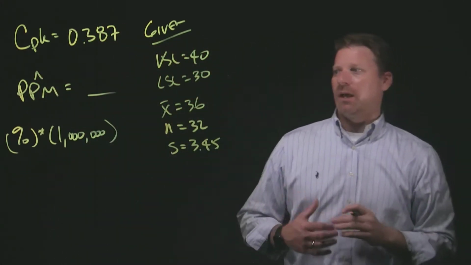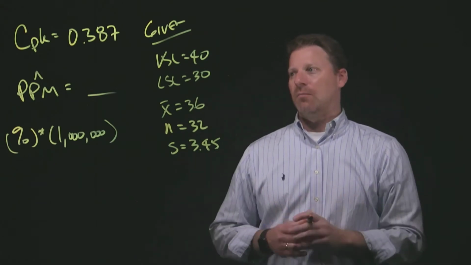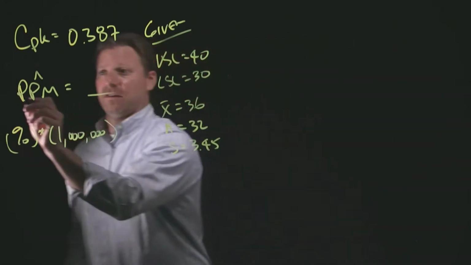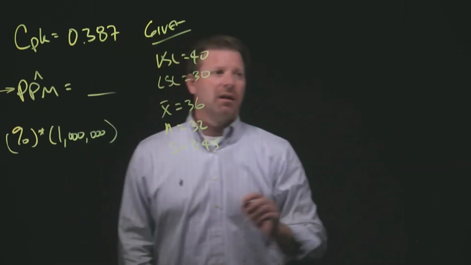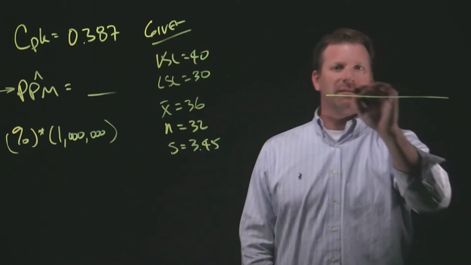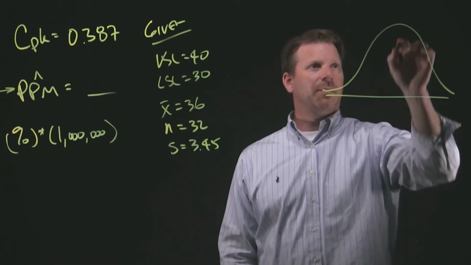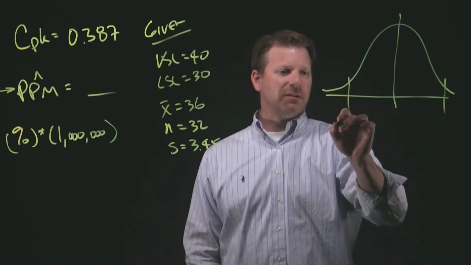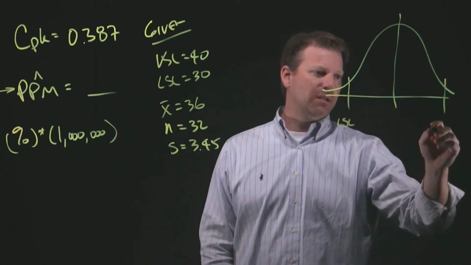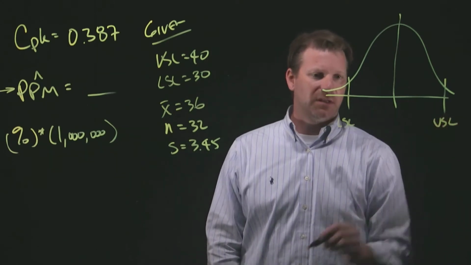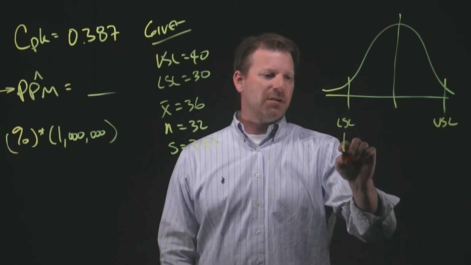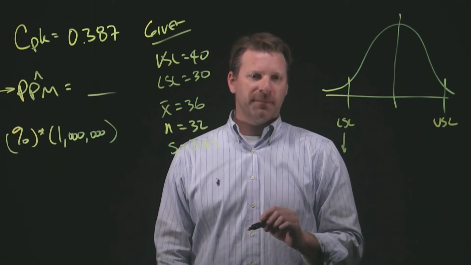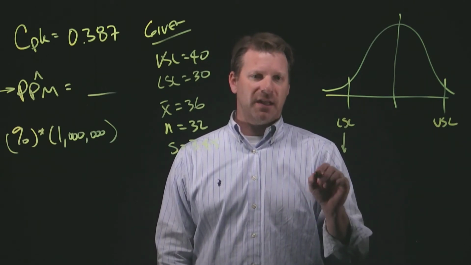If we want to look at this as an expected PPM, ultimately this is the number we're looking for. We've got our process here. In the example, we said it's normally distributed. If this is where my lower specification limit is, and this is where my upper specification is, we can convert these to a familiar number, a z-value, a standard normal value.